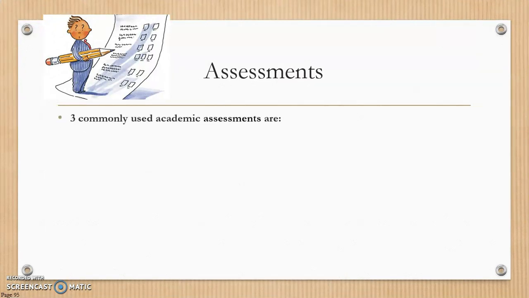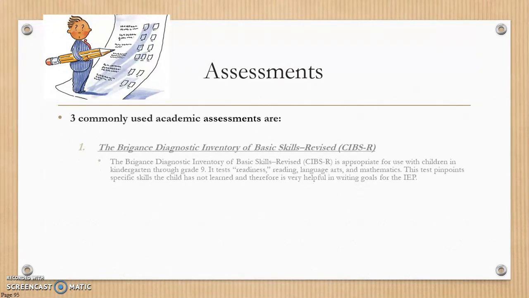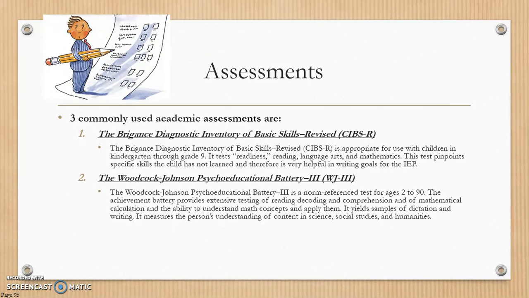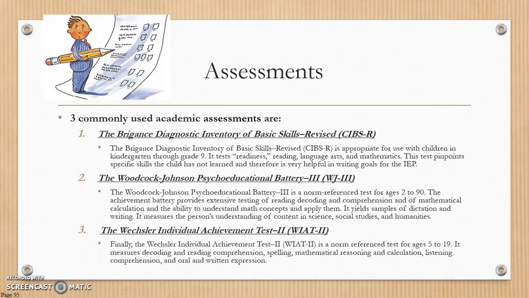Assessments. Three commonly used academic assessments are the Brigance, the Woodcock-Johnson, and the Wechsler. The Brigance is used for children in kindergarten through 9th grade. It tests reading, language arts, and math. The Woodcock-Johnson is for ages 2 to 90.